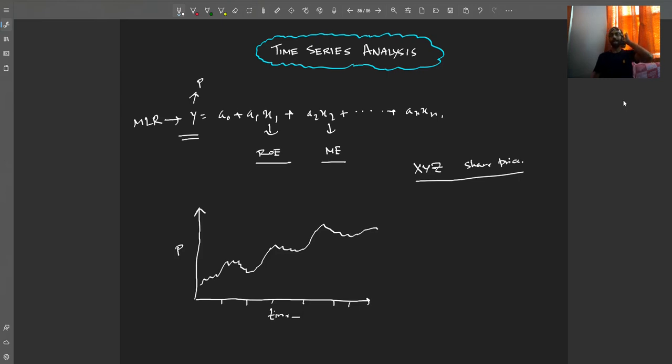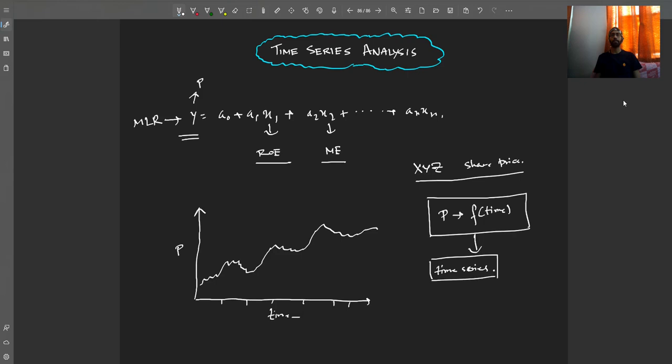Now friends, this kind of a curve which is plotted against time, here P is behaving as if it is varying with respect to time. This kind of plotting format is called a time series format. This is called a time series.